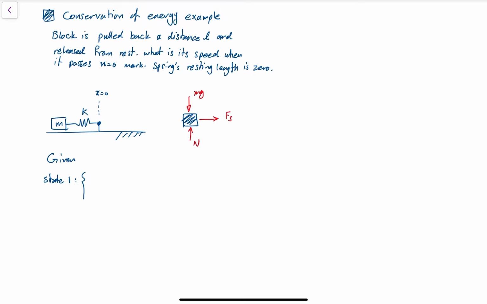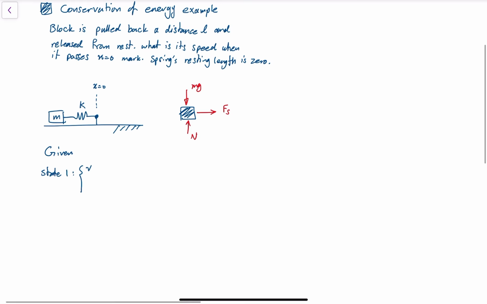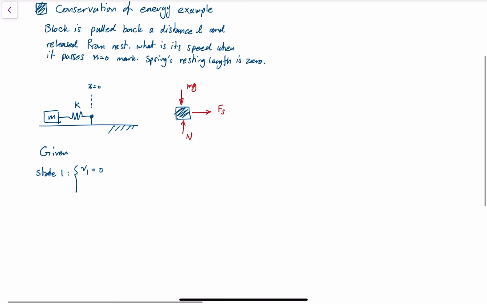What do we know about that state? We know we start from rest, so V1 is 0. I know maybe x1 is minus L, although that is not a very good way to represent here.